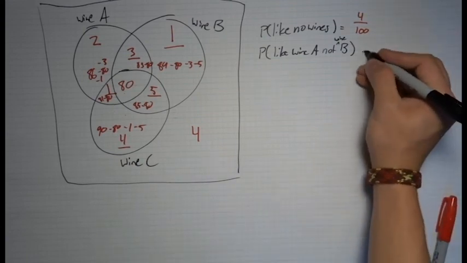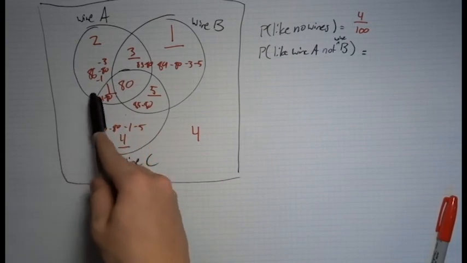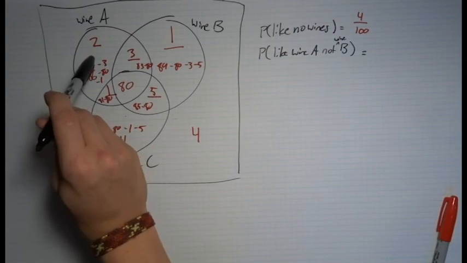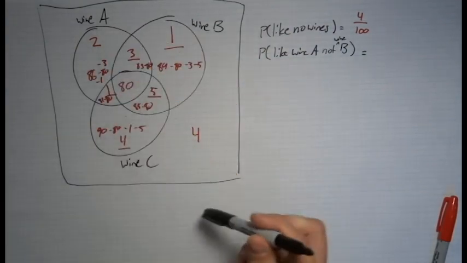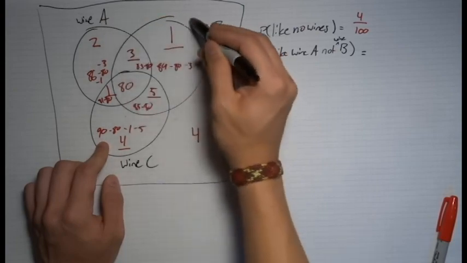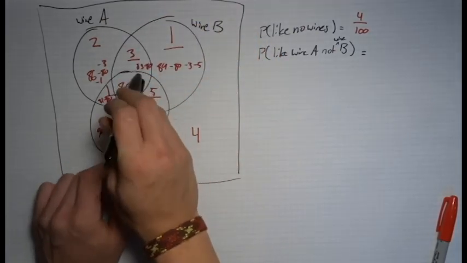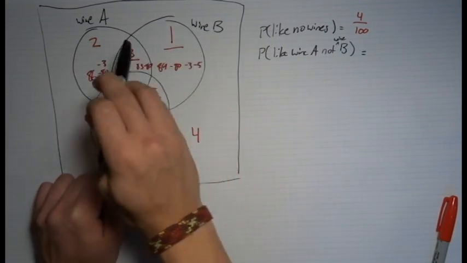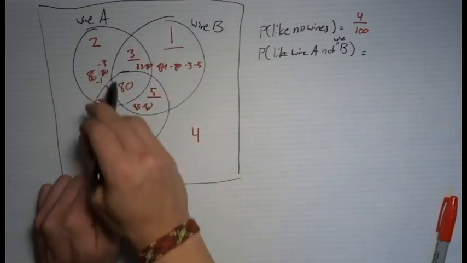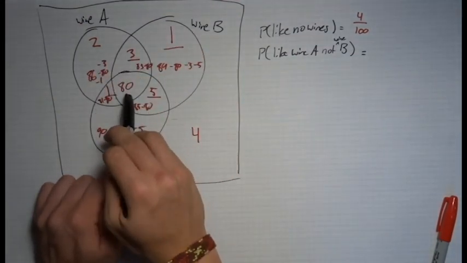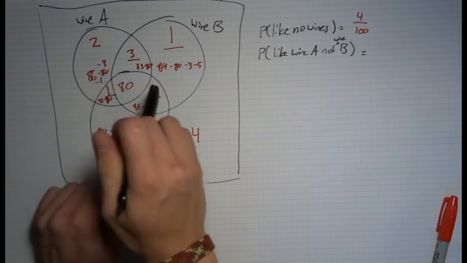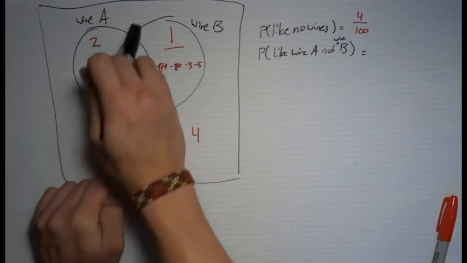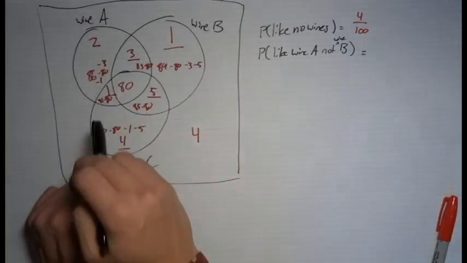For this one, these are all the people that like wine A. So we need the people that like wine A, but they don't like wine B. So anywhere there's overlap between this circle and this circle, we cannot count them because they also like wine B. So for this person right here, he likes wine A, but he doesn't like wine B. These 3 people right here, they like wine A, but they also like wine B, so we can't count them. 80 people here, same story, they like wine A, but they also like B and C, so we can't count them because they like B. This one person right here, he likes wine A, but he doesn't like wine B, so we're going to count this one person.